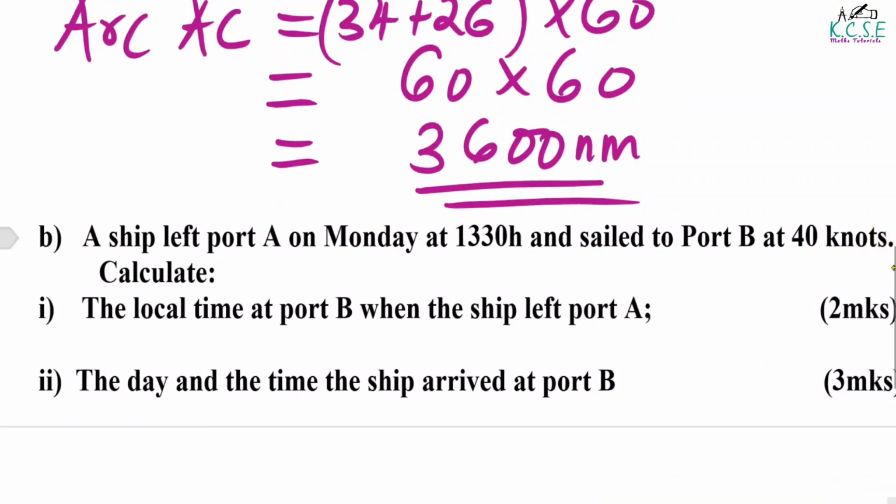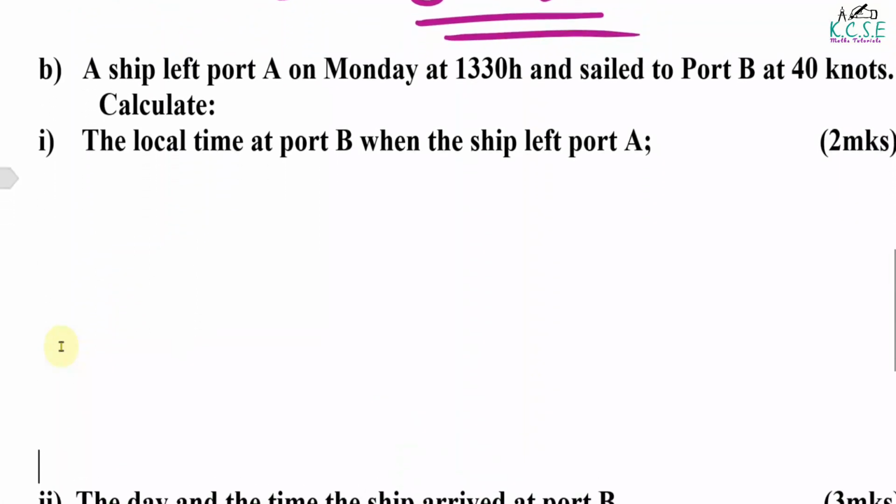Now let's go to the other part of the question. Part B: a ship left port A on Monday at 13:30 hours and sailed to port B at 40 knots. Calculate 1, the local time at port B when the ship left port A. So that is the question.